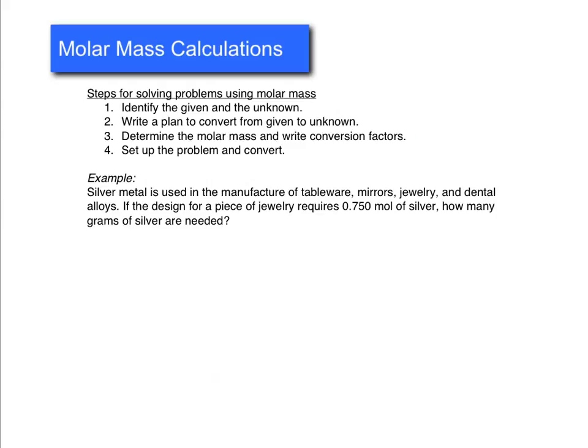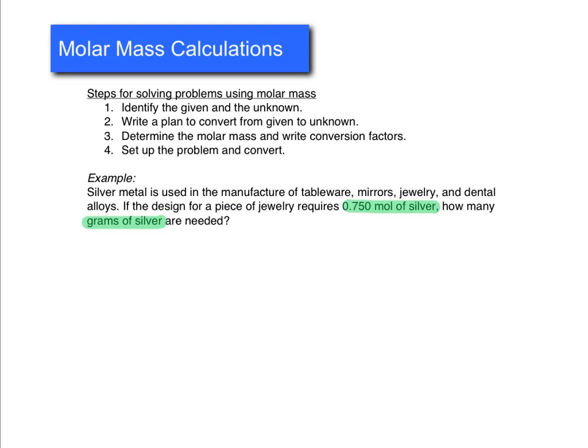If the design for a piece of jewelry requires 0.750 moles of silver, how many grams of silver are needed? Okay, so the first step is to identify the given and the unknown. So what we're given is 0.750 moles of silver, and what we want to find, our unknown, is the number of grams of silver.